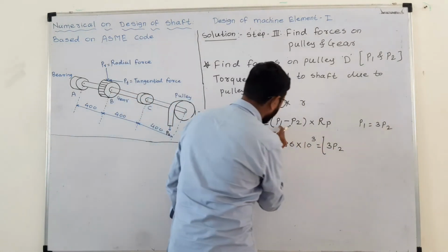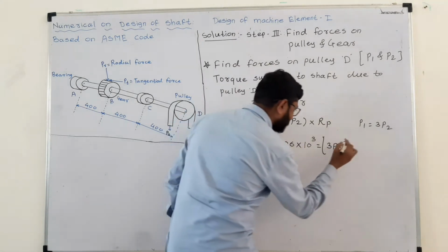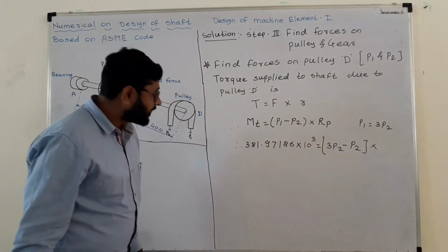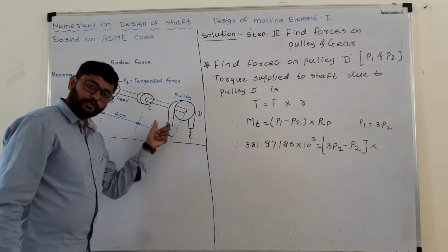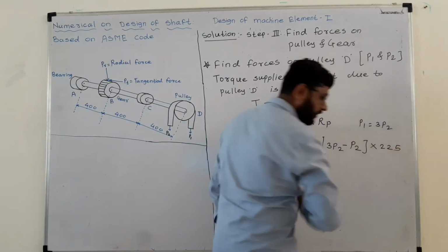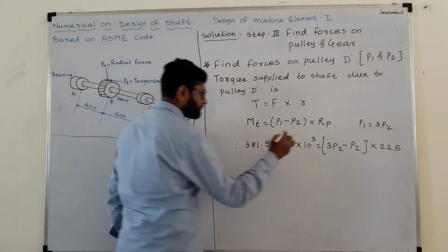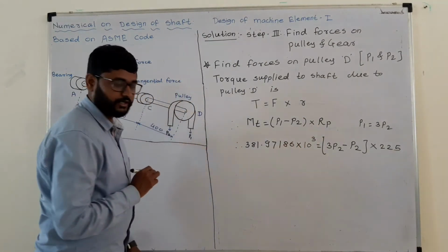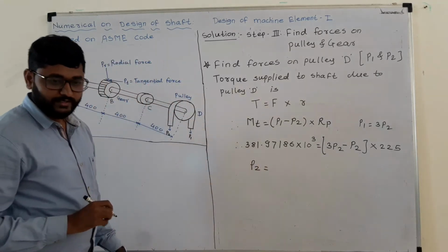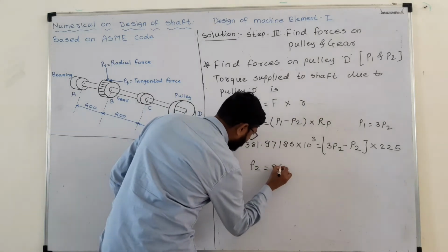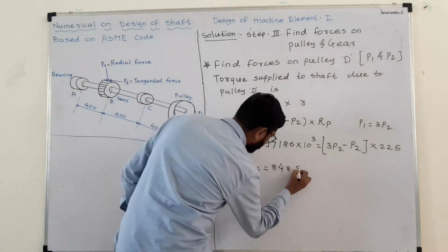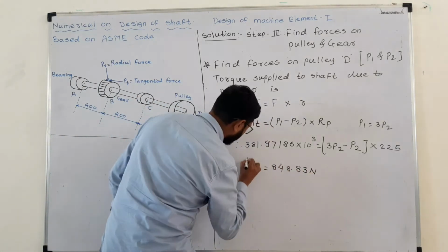So let us put the value of P1 as 3 P2 minus P2, into the radius of the pulley. The diameter of the pulley is given, which means the radius is 225. By calculation we get the answer for P2 as 848.83 Newton.